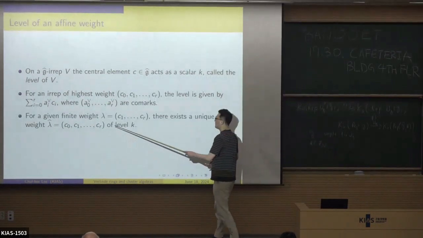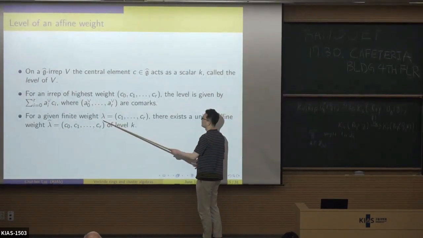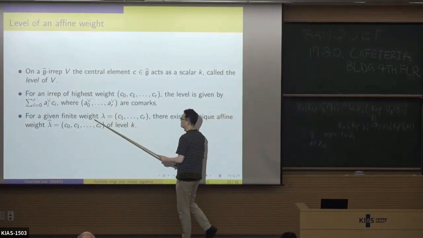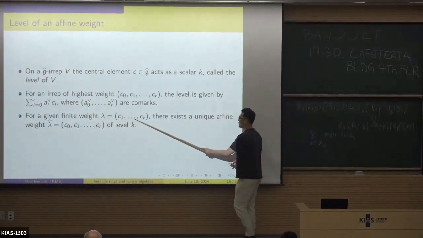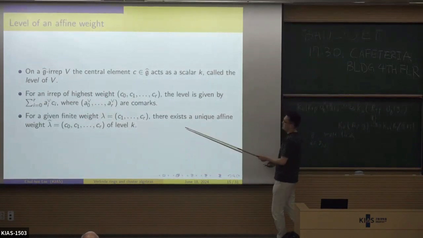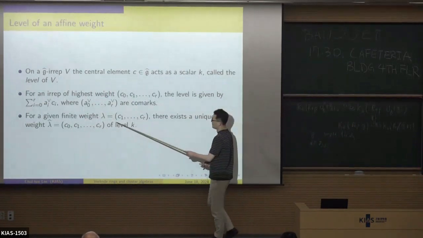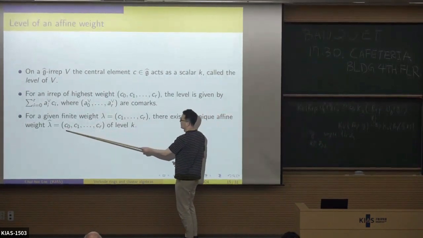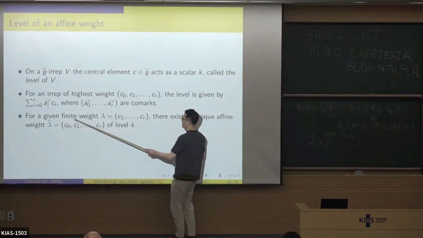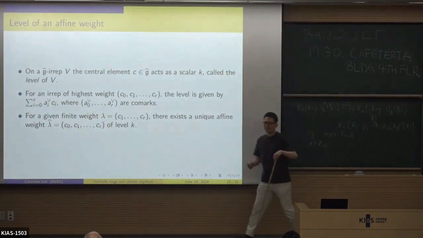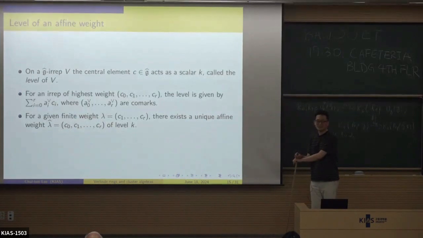So when you have a weight for a simple Lie algebra G, an l plus 1 tuple, there is a unique way to define c0 so that this weight has level k. Does it make sense?